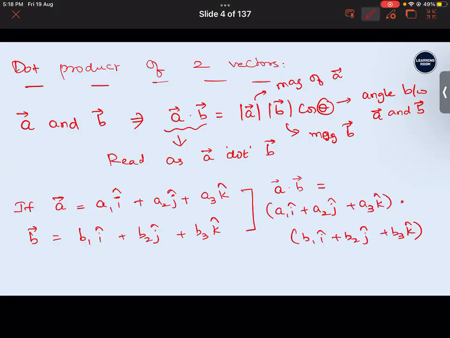So there are three terms here and another three terms here. Three terms and three terms are getting multiplied, which should give us 9 terms, right? The 9 terms will be like this: A1 B1 into i cap dot i cap. Are you able to understand? Because between vectors, what kind of product are we using?